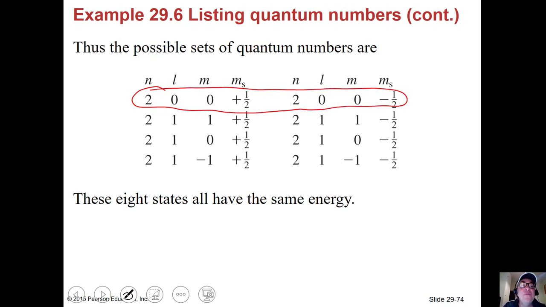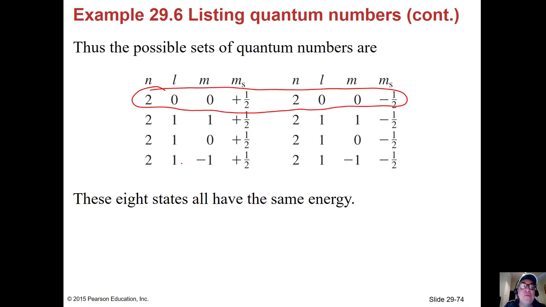Okay, what happens when l is 1? When l is equal to 1, then we could have m being 1 with the spin up. Same thing here: n is 2, l is 1, m can be 1, and then spin down. When n is 2, l is 1 in this case, m could be 0, and then we have spin up and spin down.